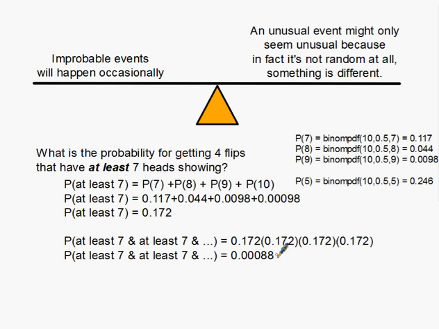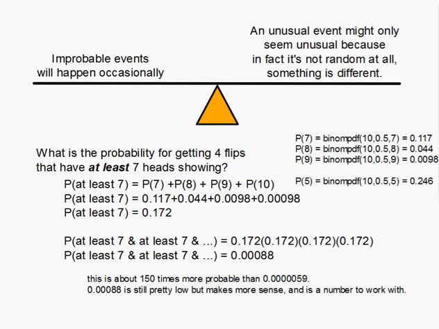And we end up with this probability, which is about 150 times more probable than the other one, which makes a little bit more sense. It's still pretty low, but we actually had an intuitive sense that it was going to be a low probability anyways. This number seems to match intuition a little bit better.